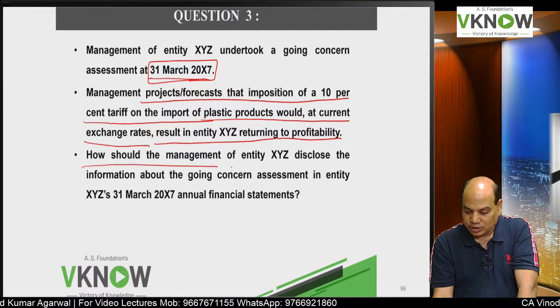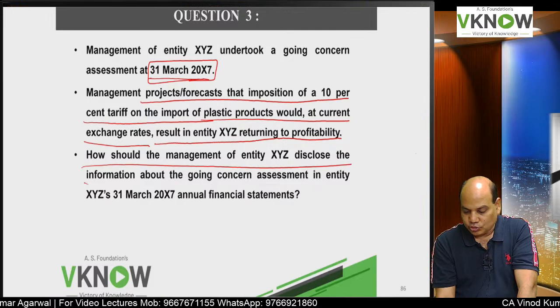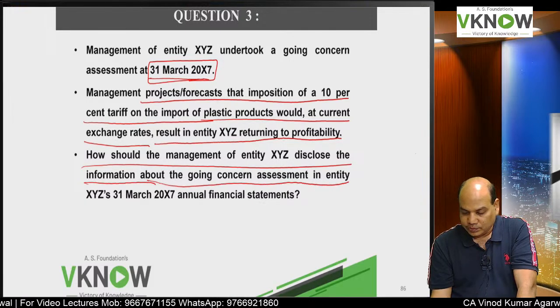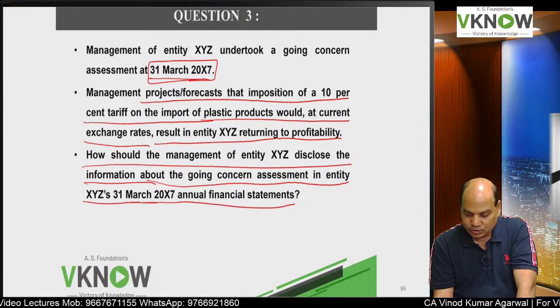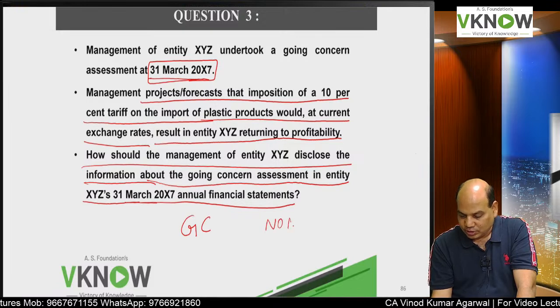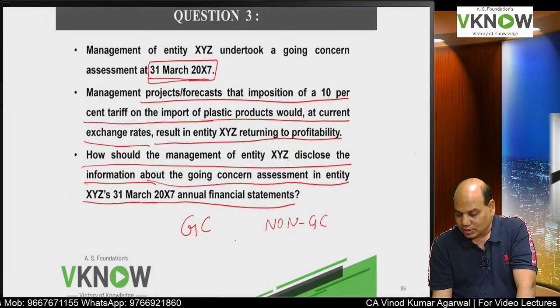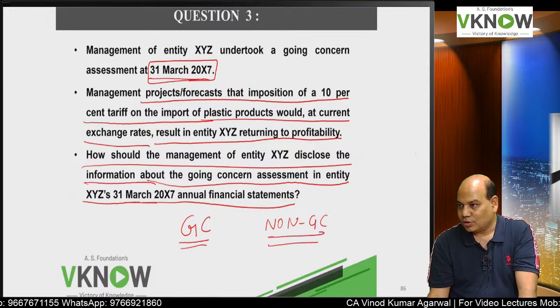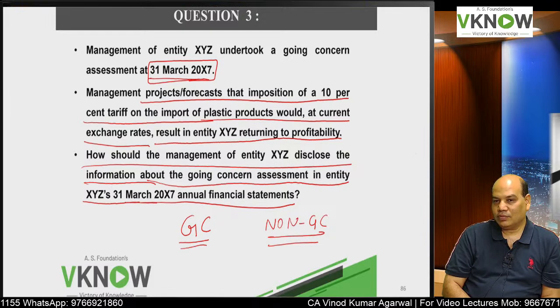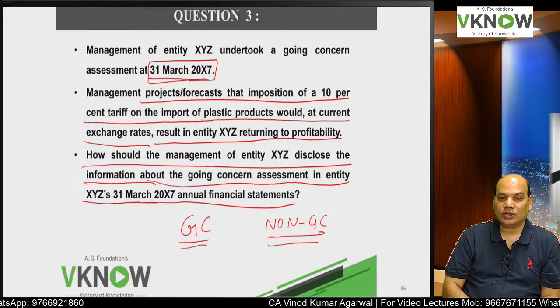How should the management of entity XYZ disclose the information about the going concern assessment in the entity's financial statements for 31st March 7? So the first question that will come to your mind is whether the entity is a going concern or a non-going concern. Will it present the financial statements as a going concern or as a non-going concern?